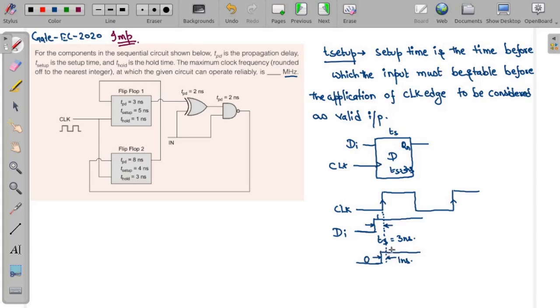It would not consider this as 1. Why? Because here the concept of setup time is here, and in this circuit the setup time is 3 nanosecond. That is, my input should be stable 3 nanosecond before the active clock edge, but here in this Di we can see it is making a transition 1 nanosecond prior to the active clock edge. Okay. So due to this, this transition from 0 to 1 will be considered as 0 for this D flip flop. So this is the concept of setup time.